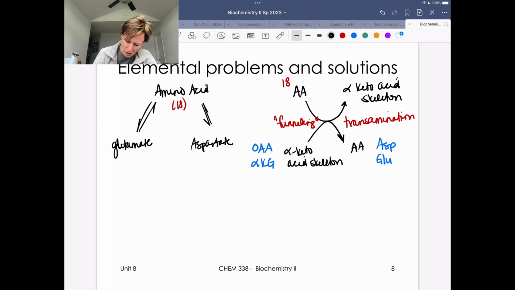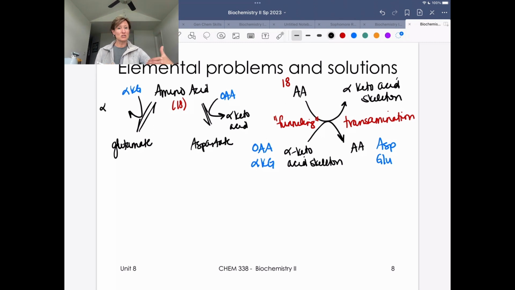Okay. So highlighting both of these chemistries, oxaloacetate makes aspartic acid, taking whatever that other amino acid is and making it into an alpha keto acid. And on the flip side, we have alpha ketoglutarate being used to make its cognate amino acid, which is glutamate, and whatever amino acid participated in that transaminase chemistry makes its alpha keto acid.